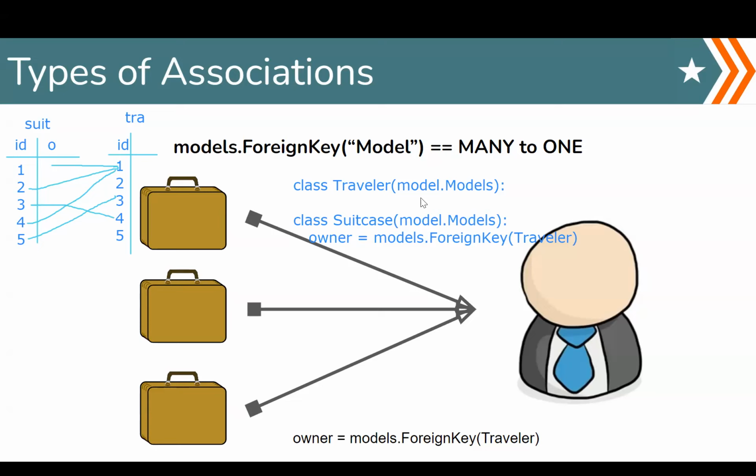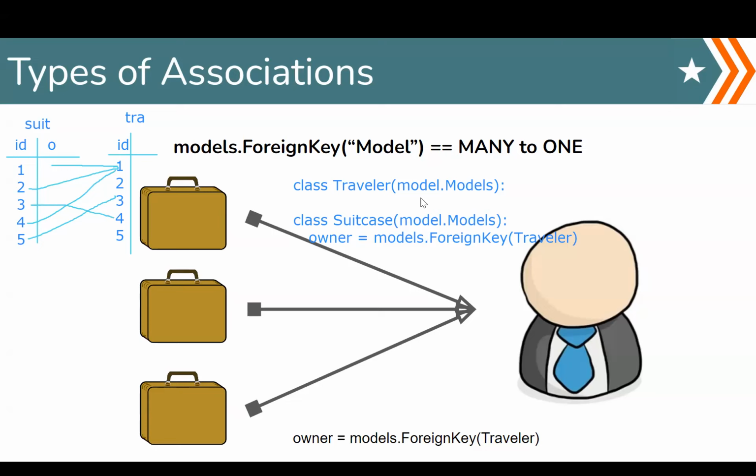Because when you create the relationship in the suitcase field, there's automatically a way to access the models that are related. So, okay, let me rephrase that. So right now we have an easy way to tell which owner or who owns which suitcase, because we built that into the suitcase class.